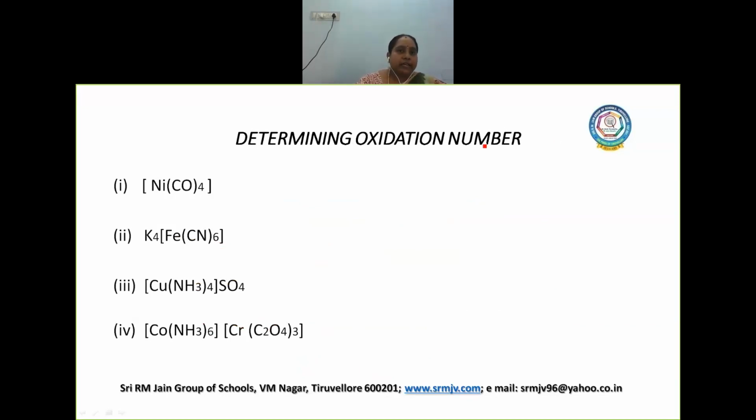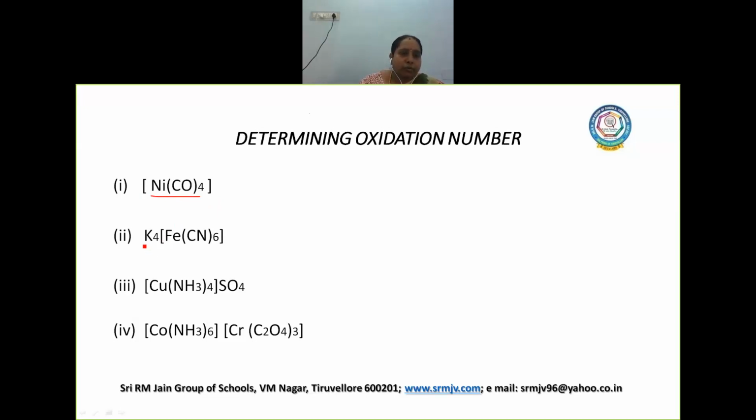Now, as I said, we have four different representations of the coordination spheres. If you check the first case, the sphere contains the metal as well as the ligands entirely inside the entity.